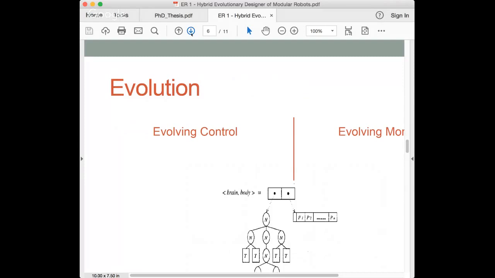Since the brain is represented in a different way than how the body is represented, we are using different techniques to evolve these parts individually. So the brain is evolved using genetic programming, and the body is evolved using genetic algorithms.